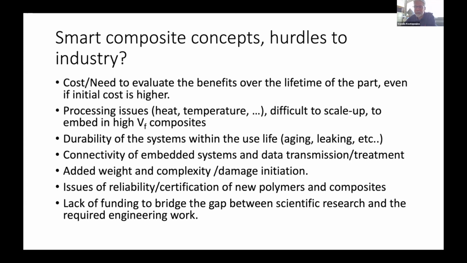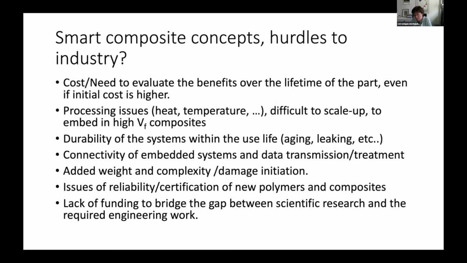Also, multifunctionality is an idea for composites: to introduce through-the-thickness electrical conductivity or thermal conductivity, which in several applications, for example space thermal applications, is very much demanded for avoiding cooling systems for the electronics.